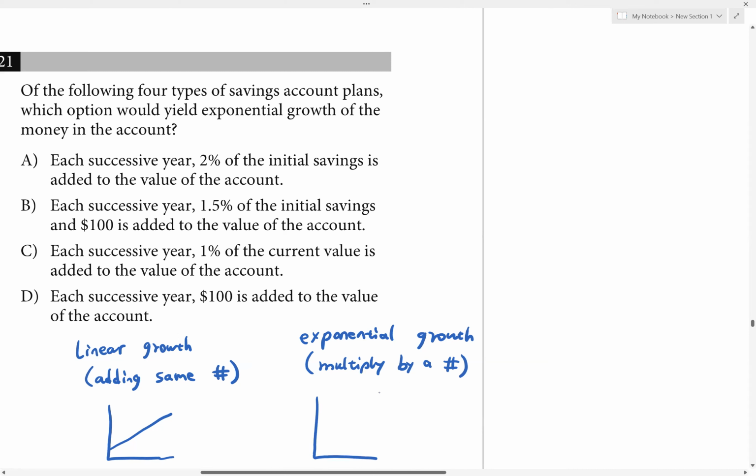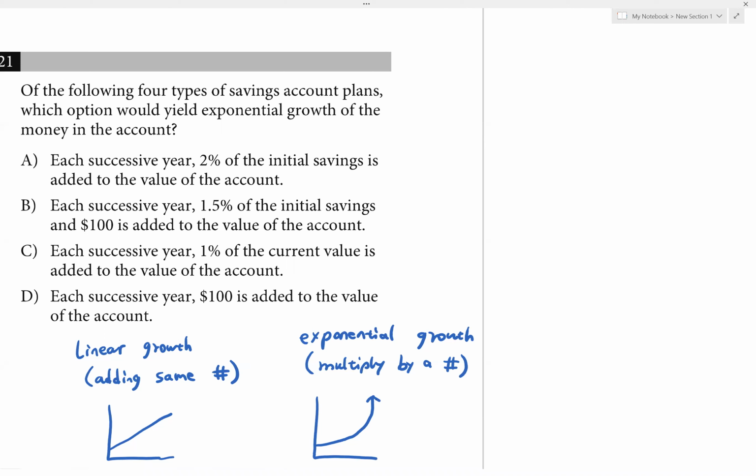So each year we're multiplying by the same factor or same percent, which is going to give us this kind of curve, going upward like that, rather than a straight line. So this will be exponential growth. If you want exponential growth, what we're looking for here is that we have to multiply by a multiplier.